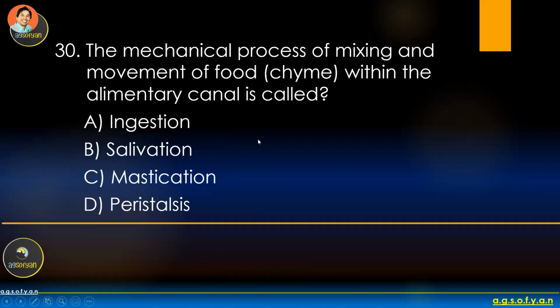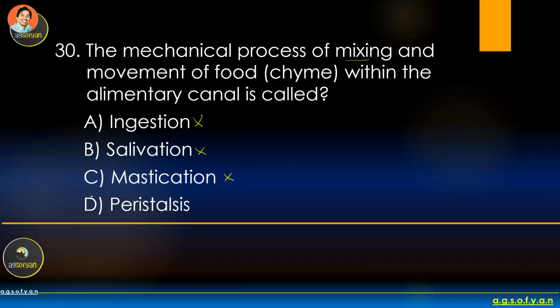The mechanical process of mixing and movement of food within the alimentary canal is called ingestion, salivation, mastication, or peristalsis. Ingestion is not, because this is the process of putting food in our mouth. Salivation is production of saliva. Mastication is chewing, so it is not part of mixing and movement of food.